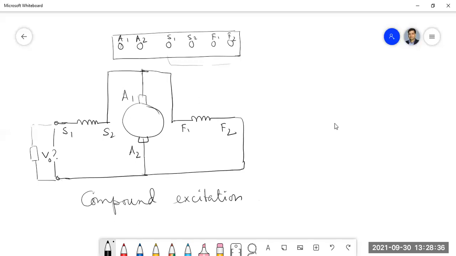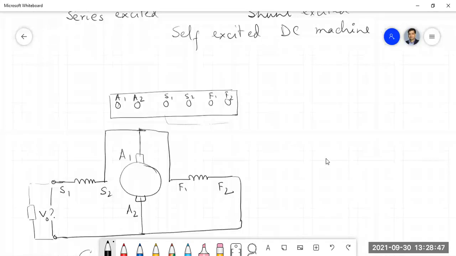Yes, once again I am saying that as per the design, the series field coil and the shunt field coil, you see here you have one field coil inside the machine and here you have another field coil. Okay, and here you have the armature. Now this field coil and this field coil are completely different in shape, size, length.